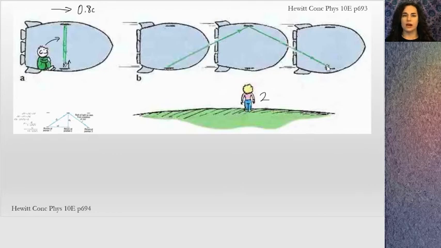And this makes sense. If I see someone driving past in a car and they throw something in the air, it'll look like it goes up and down to the person in the car, but to me, on the ground, it'll look like the path was parabolic. The speed of light is constant. This person sees this light travel at speed c. But what we also know is this person sees the light travel at speed c.